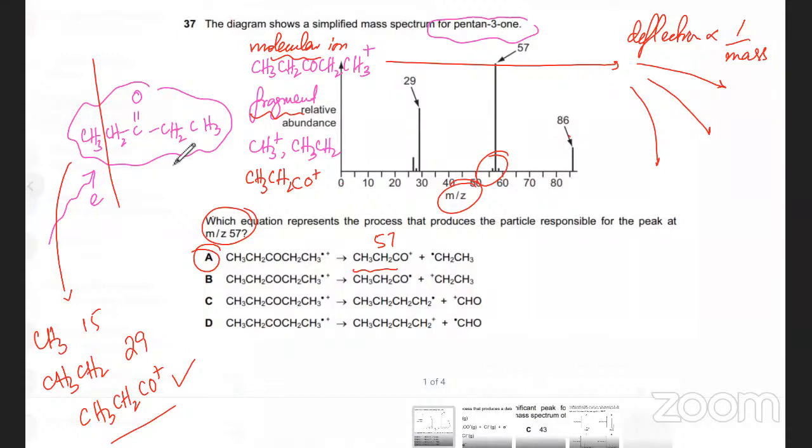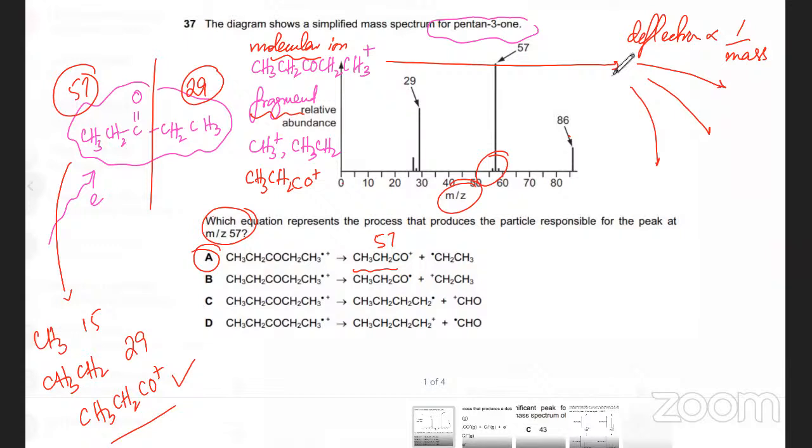Is that clear? So I did trial and error, and then I figured out that if the molecule breaks down over here, then I'll have a particle that has a mass of 57. I'll have another particle that has a mass of 29, which exactly matches what's happening here.